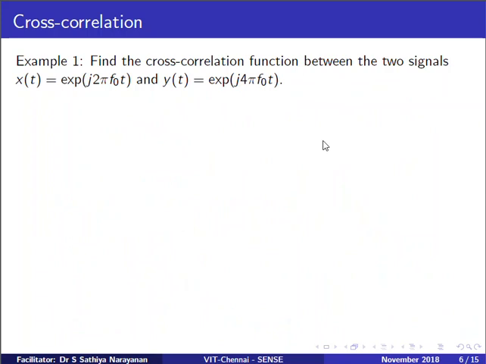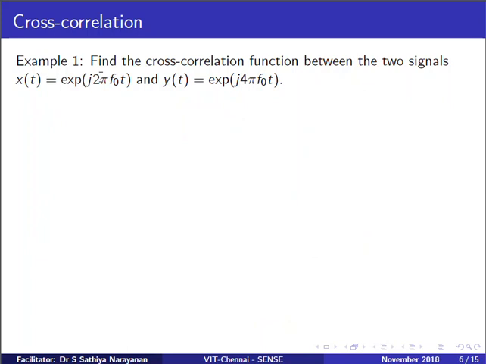Let's see the first example. Find the cross correlation function between the two signals x of t equal to exponential of j 2 pi f naught t and y of t equal to exponential of j 4 pi f naught t. These two signals are complex sinusoids or complex exponential signals.